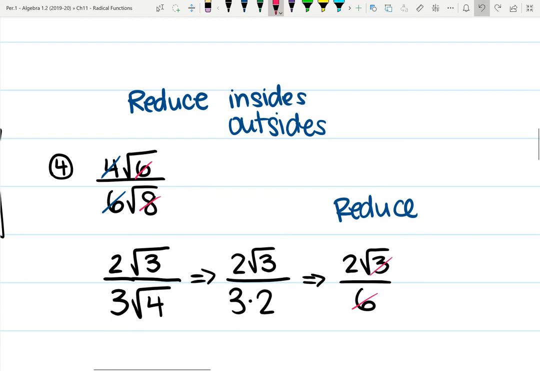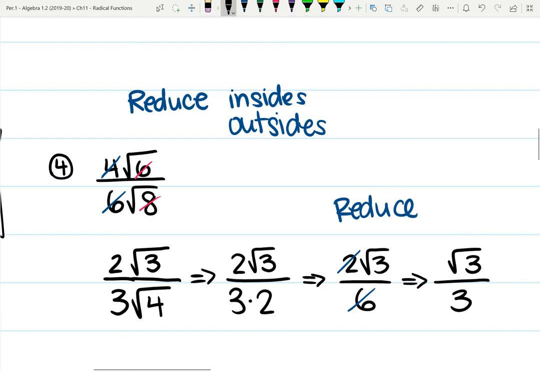So it's almost like reducing things with like terms. So again, I can reduce the 2 and the 6. If you think about what that is, right, what that becomes is 1 over 3, radical 3. Do I need the 1 in front? No. I can leave this as just radical 3.